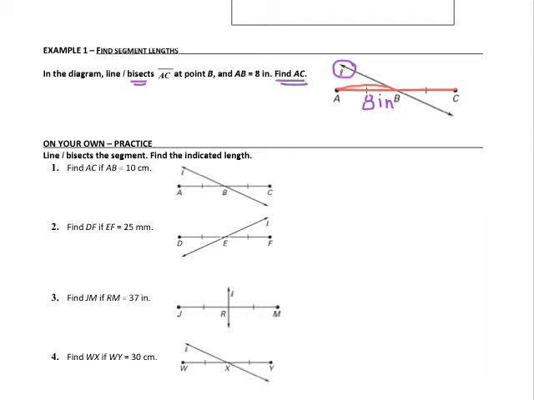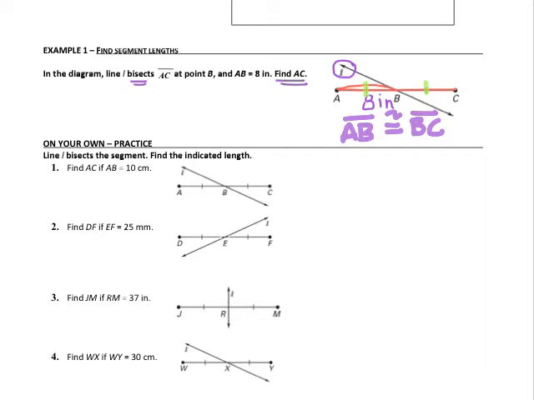And let's keep in mind that the tick mark that you see on here indicates that we have two congruent segments. Segment AB is congruent to segment BC because of those green tick marks that I just highlighted.